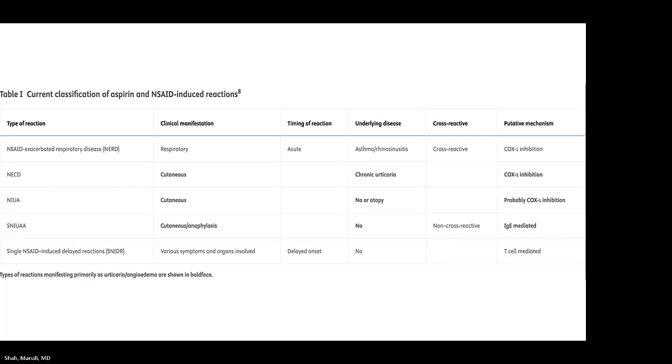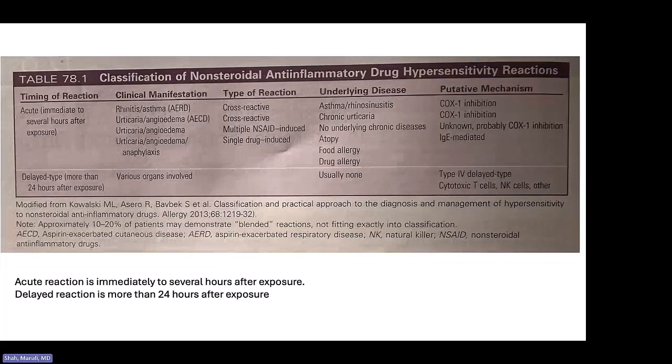We'll go on to all those, but I thought this was a nice broad overview. This table says the same thing, but it's from the Middleton's chapter. Again, it talks about the timing of reaction, the typical clinical manifestations, and whether these patients will be cross-reactive to other NSAIDs or could tolerate other NSAIDs. Just to clarify again, the acute reaction typically occurs either immediately or up to 6 hours after exposure, and a delayed reaction is typically 24 hours or more after exposure.